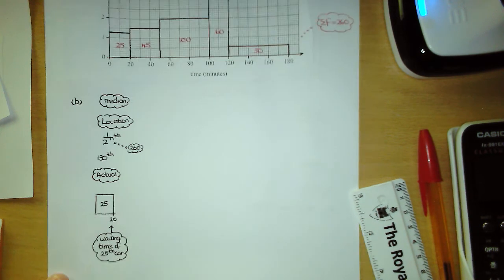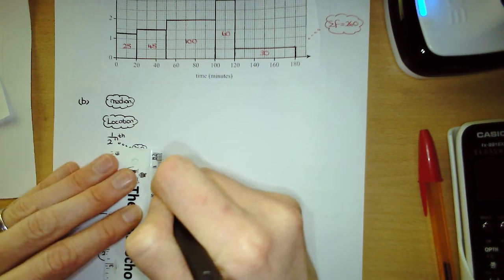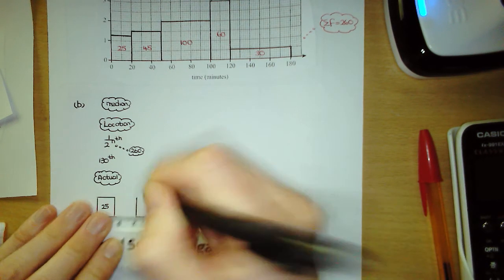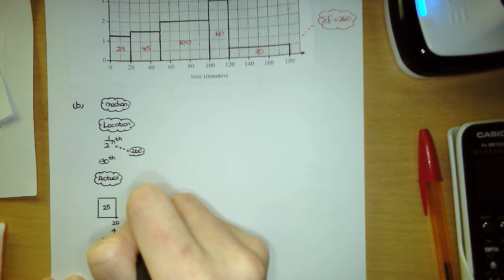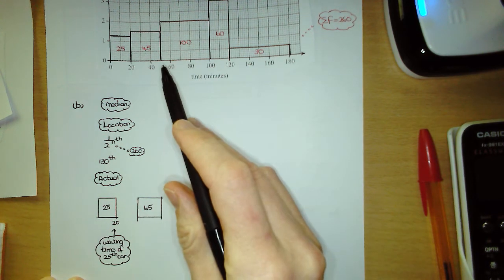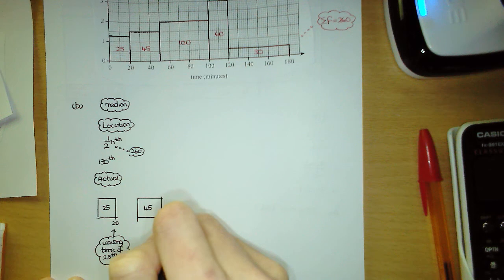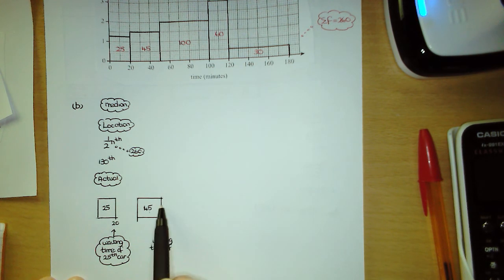Let's take our second bar. So the second bar contains an area of 45, and that bar ends at 50 on the horizontal axis. Now, that's the waiting time of, not the 45th car, because you add all the areas to the left of that line, so that's 45 plus 25 is going to give us 70. So that's the waiting time of the 70th car.